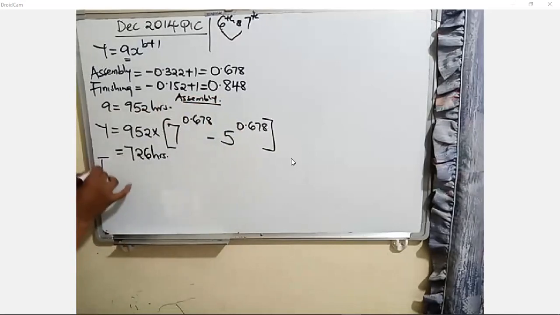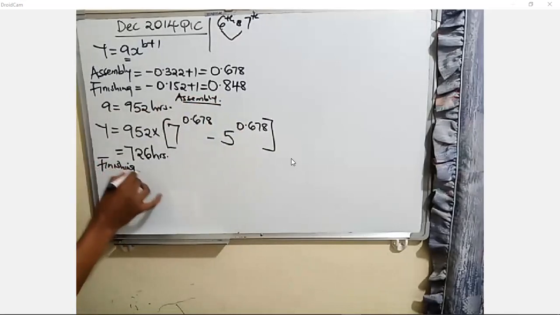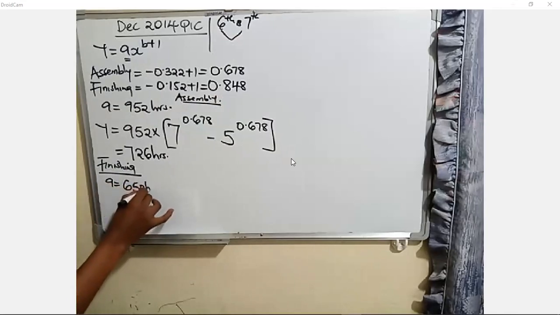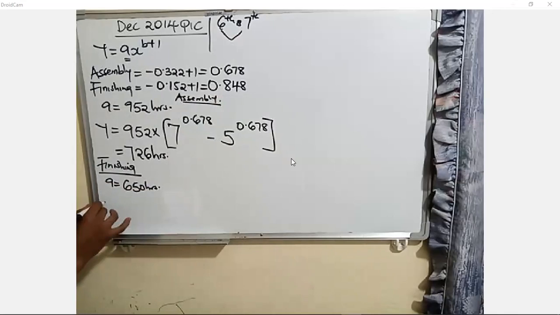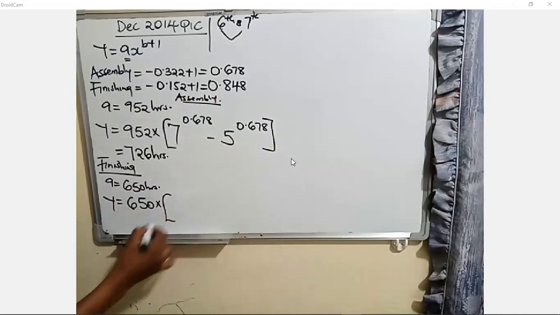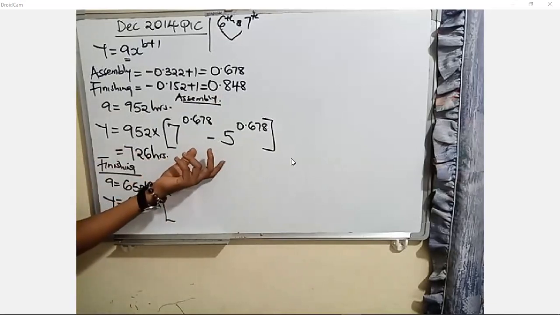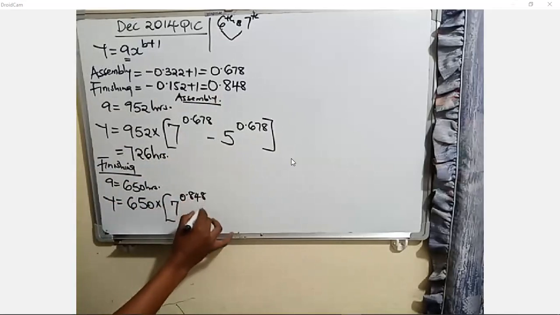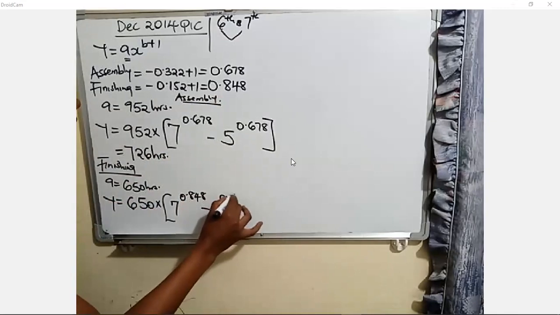Do the same for the finishing. My A in this case, I'm being given 650 hours. So to get my Y, I'm going to be taking 650 times, using the same concept as the assembly: 7 raised to 0.848 minus 5 raised to 0.848.